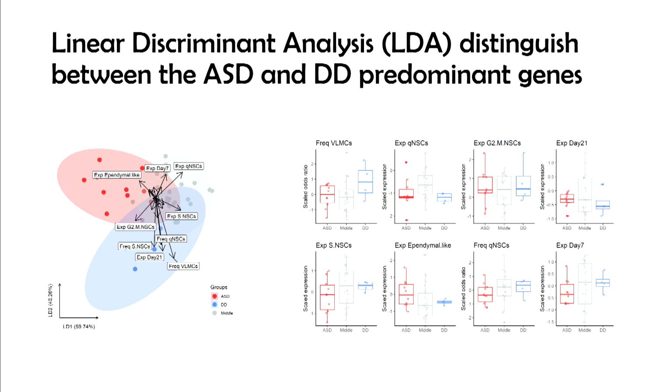But also, I want to emphasize that when the genes are expressed, whether they are highly expressed after 21 days or whether they are expressed after 7 days, also contributes to this separation in a way that genes that are expressed earlier are more likely to lead to developmental disorders rather than autism.